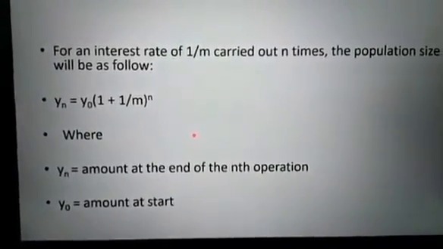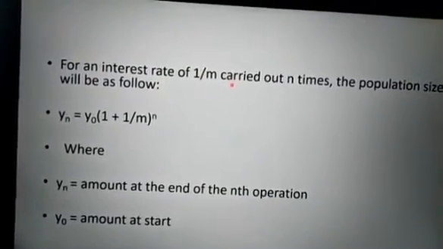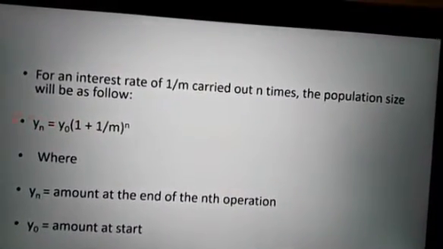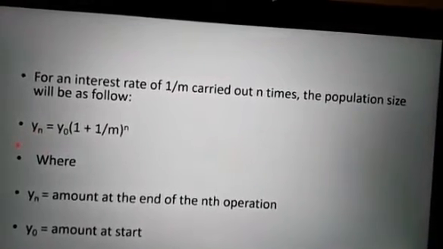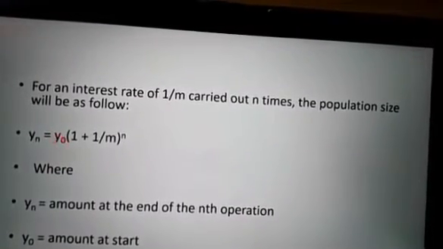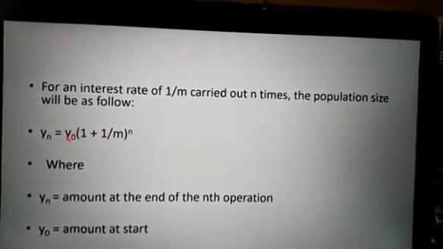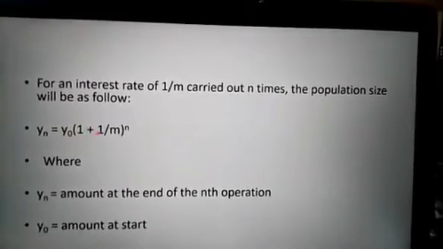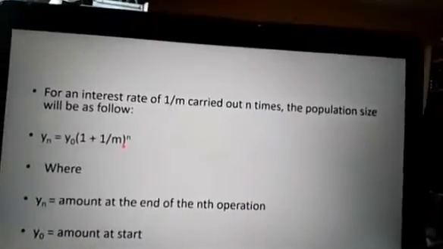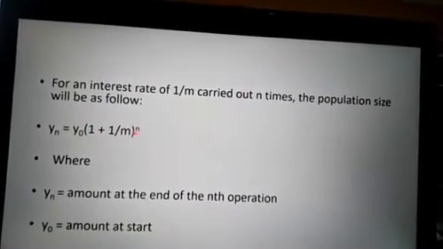For an interest rate of 1 over m carried out n times, the population size will be as follows: yn, which is the amount at the end of the nth year, equals y0, the amount that is there at the start, into 1 plus 1 over m to the power n, where 1 over m is your rate and n is the time.